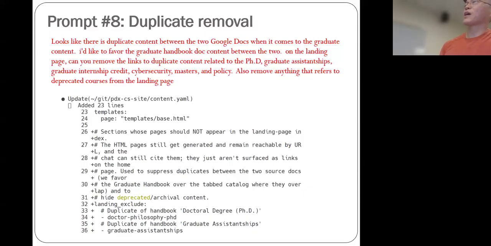And so I tell it, I want you to favor the Graduate Handbook doc because of the 2, the Graduate Handbook doc is the ground truth. And then remove all the links on the landing page related to these categories where they overlap. And then remove anything that refers to deprecated courses.